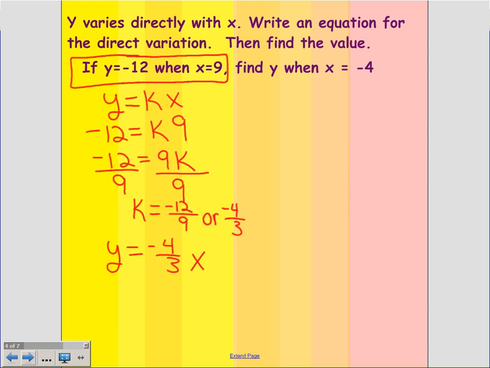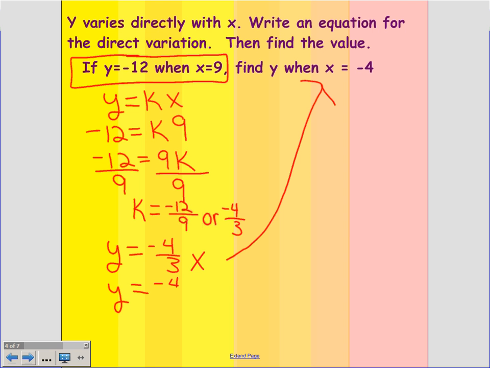Once I have the equation, then I can use the equation to find the answer to the second part of this question. So it says find y when x is equal to negative 4. So if our constant of variation is negative 4 thirds, or our unit rate is negative 4 thirds, all I have to do is go back and substitute in the part that I know to figure out the part I don't know. Well, it says find y, so I don't know y.